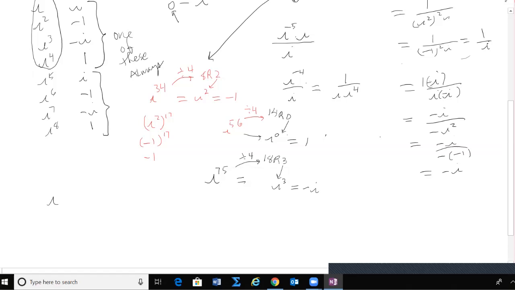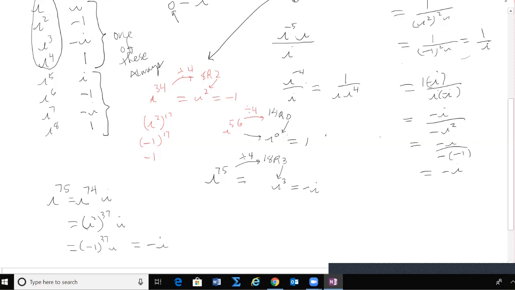In other words, if I hit i to the 75, I would just do i to the 74 times an i, and then I would break this in half with a 2 here and a 37, right? And that would become -1 to the 37, times i, which is a negative i.